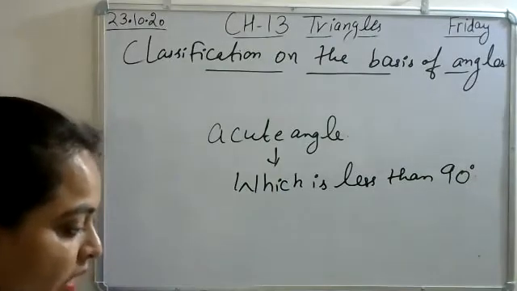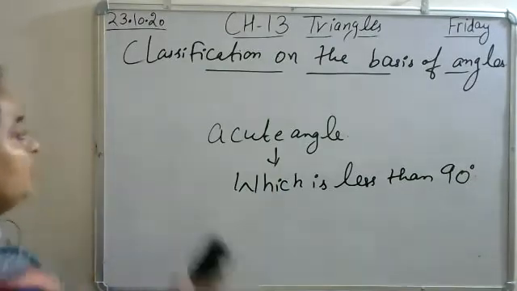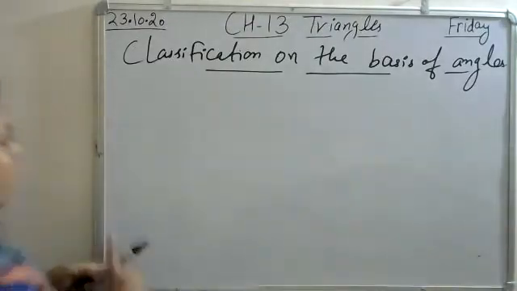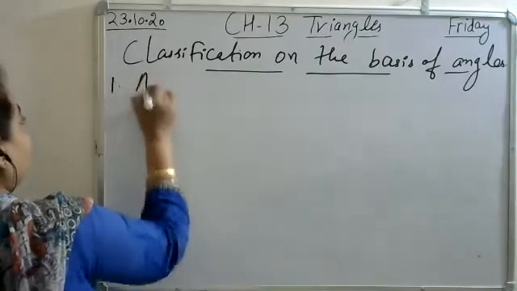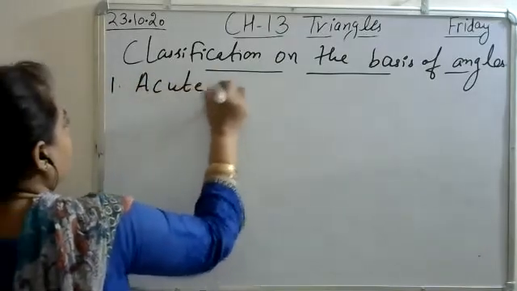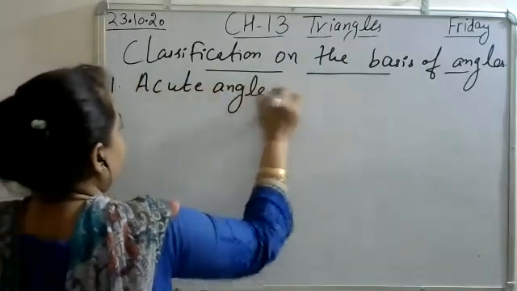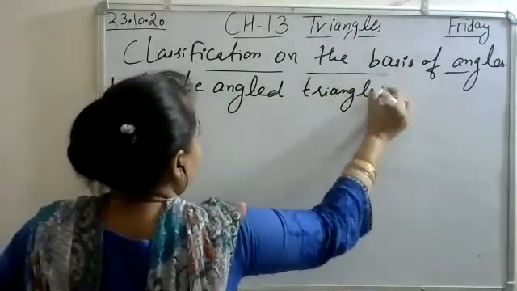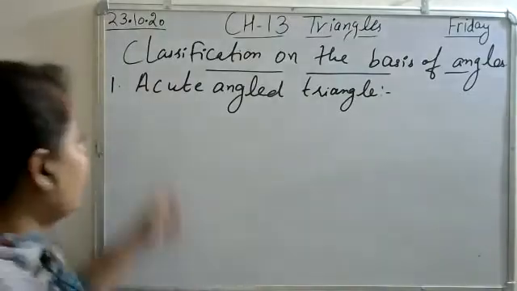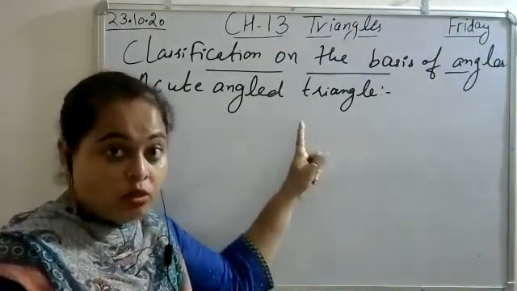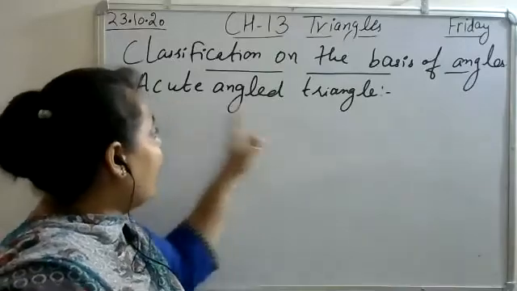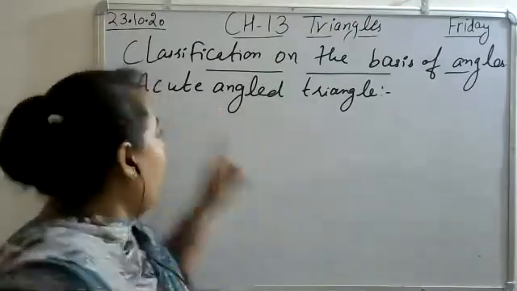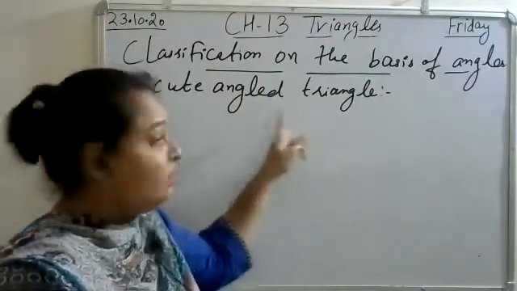So in the first classification we have acute angled triangle. You will not write acute angle. Whenever you write angle with a triangle, you will use the word angled. Acute angled triangle.